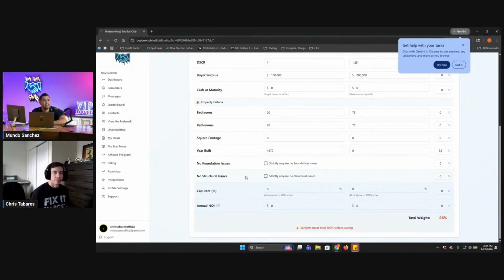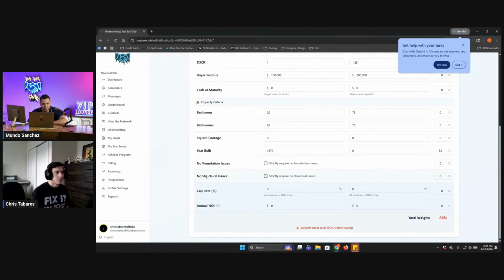Yeah, I think you could leave it unchecked in general if he's okay with value add and doing some rehab. But there's some people like me who don't want any structural or foundation issues, nothing. I don't want to do any of that stuff. To me, it's a hard pass. I really don't want to deal with those issues.